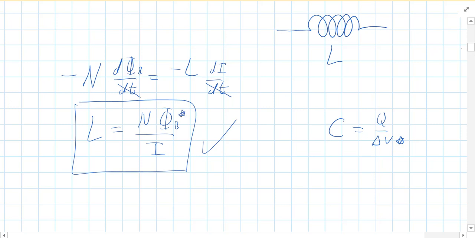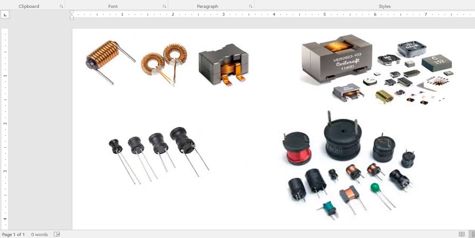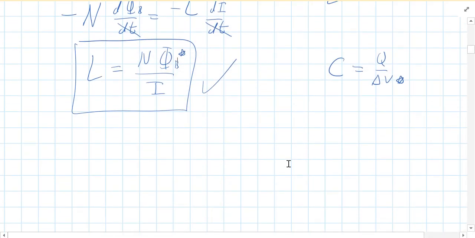What makes the magnetic flux? It's a current. So you end up with current in the numerator and denominator, and it should always cancel. The inductance should only depend on the actual geometry of the thing doing the inductance. Like, how are the coils wrapped around each other? How many coils are there? What's the radius of this coil? How long is it? And so on. All right, so units.